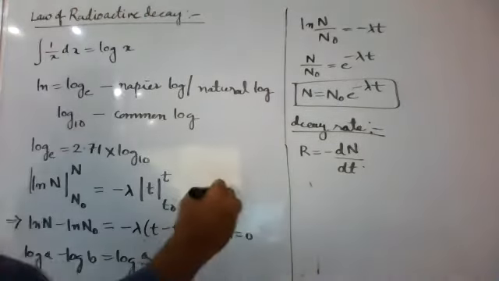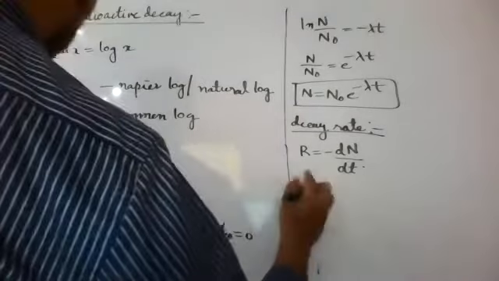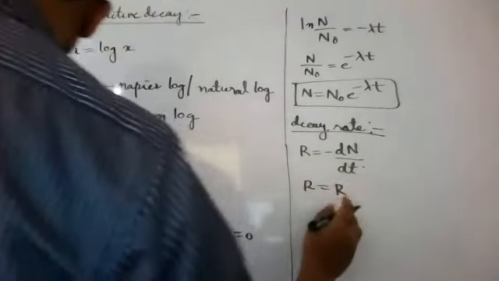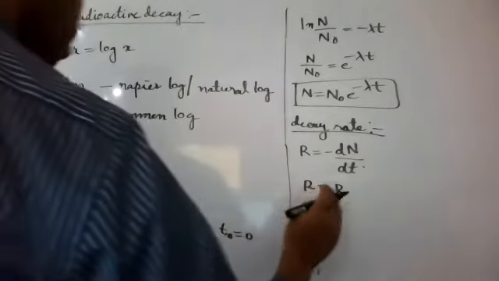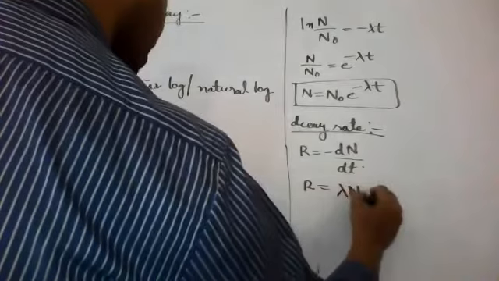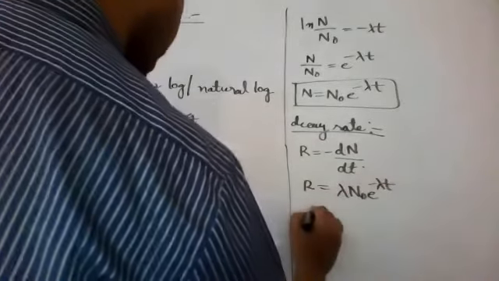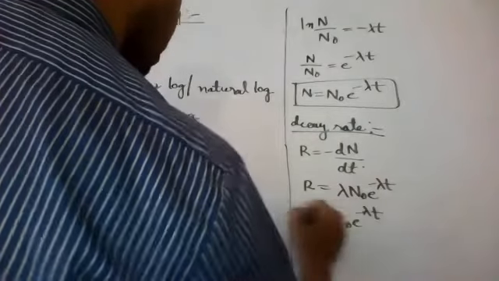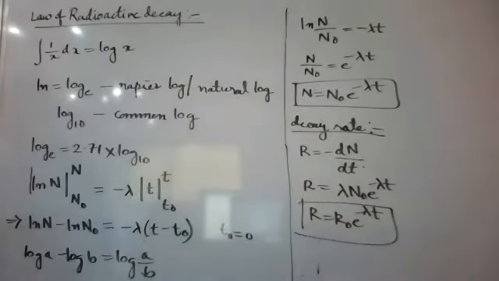So we can write R equal to R naught into e to the power of minus lambda t. R is equal to lambda into N0 e to the power of minus lambda t, which can also be written as R equal to R naught into e to the power of minus lambda t.